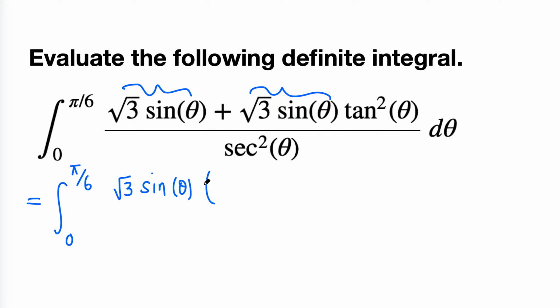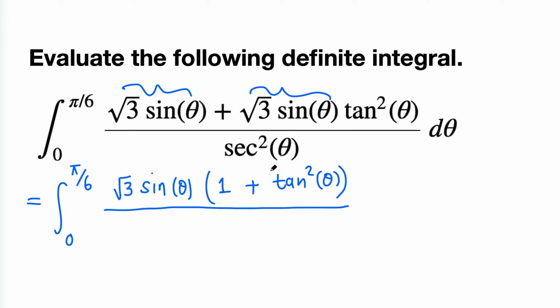That leaves 1 plus tangent square theta, all over, we still have secant square theta on the bottom, d theta.